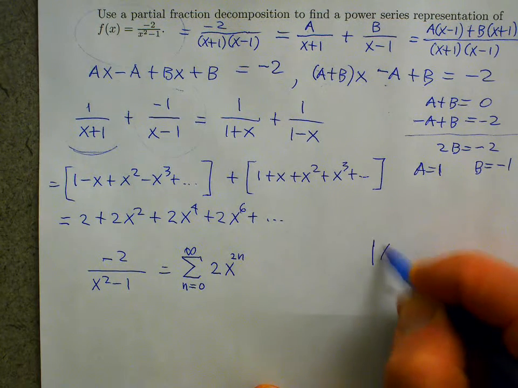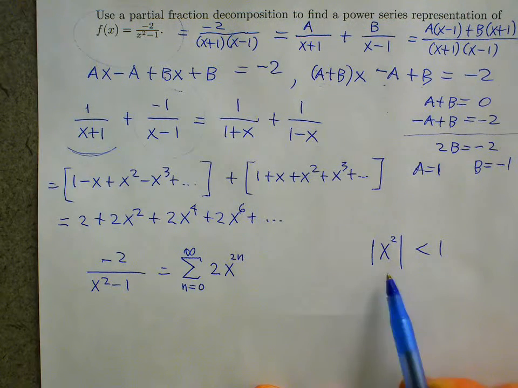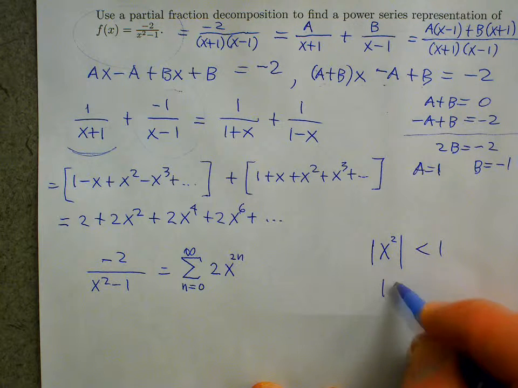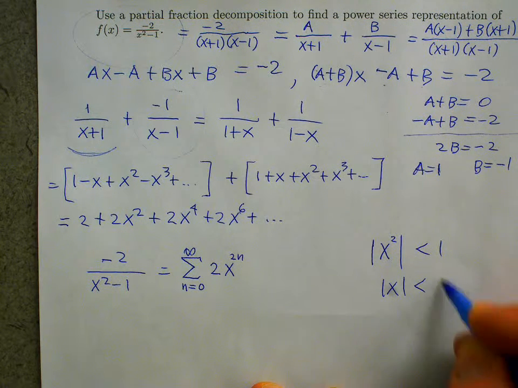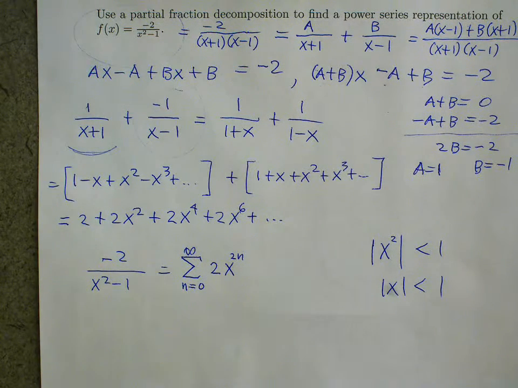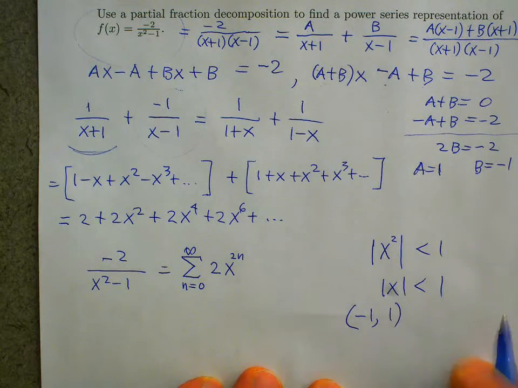So this time the absolute value of x squared is less than 1, which just means x squared is less than 1. But that's equivalent to the absolute value of x being less than 1. So the radius of convergence is 1, and the interval of convergence is the open interval from negative 1 to 1.